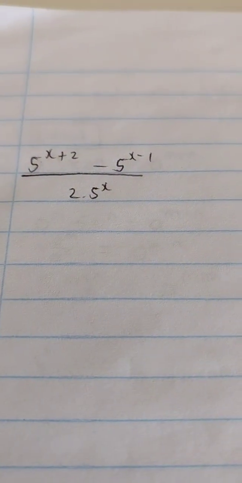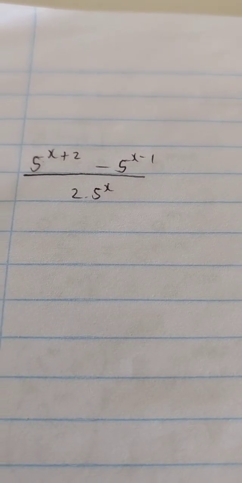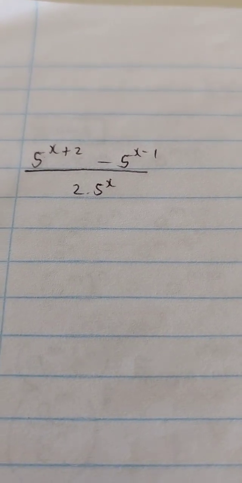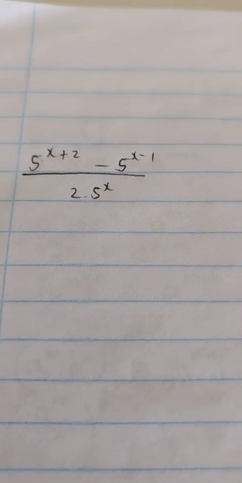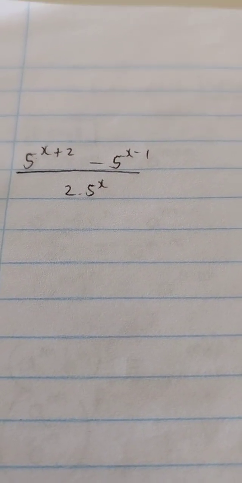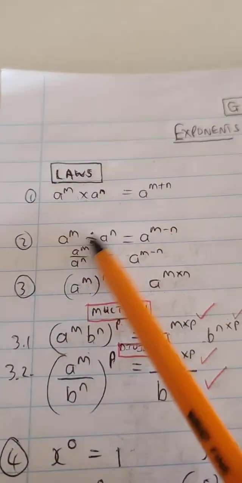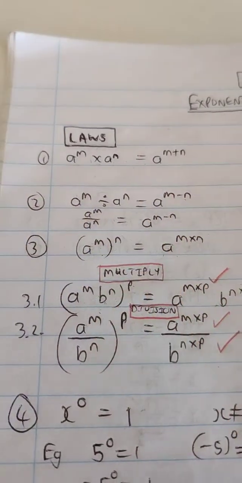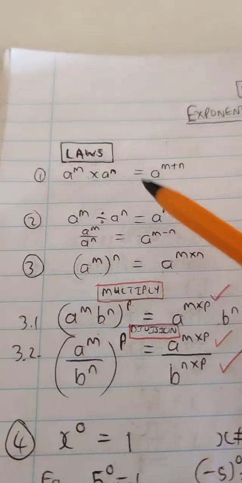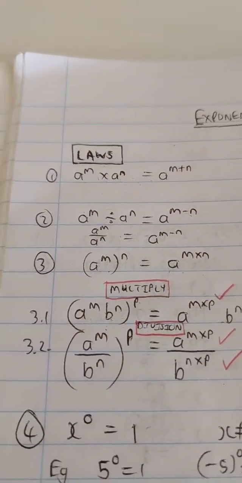When we have a minus sign, it means law number 1 and 2 is basically out of the picture. The minute there's a plus and a minus sign between bases, guys, law number 1 and 2 are out of the picture. In other words, we are not even going to be thinking of this law and this law. They are not going to be working at this present moment as we start the questions.